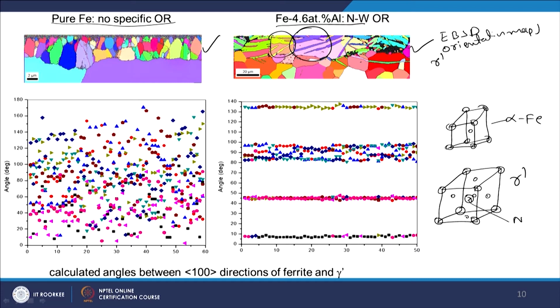Now, if these two always maintain some relation, then particularly these planes are parallel, and that is what is called the crystallographic orientation relationship.